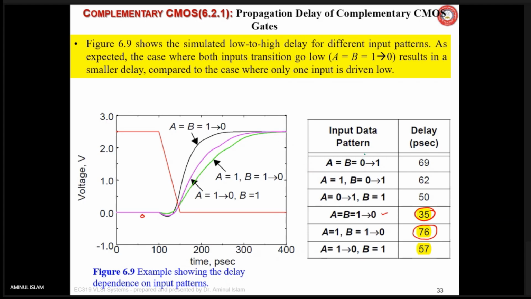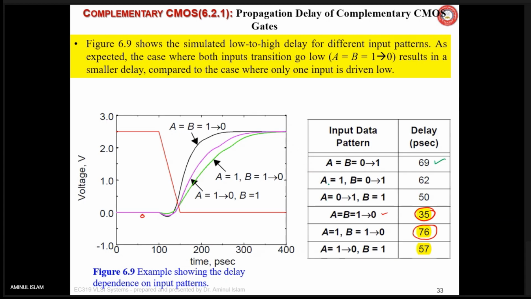Input pattern dependent delay: when A equals B equals 0 to 1 transition, the delay is 69 picoseconds. It is simulated in 0.25 micrometer technology and reported here.